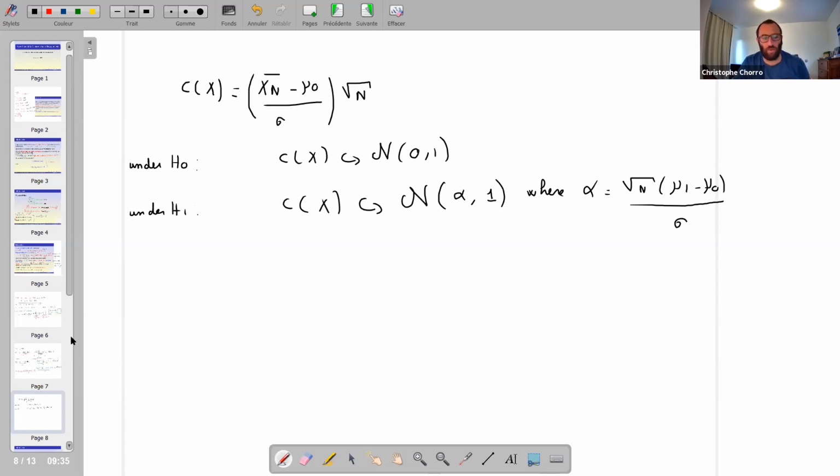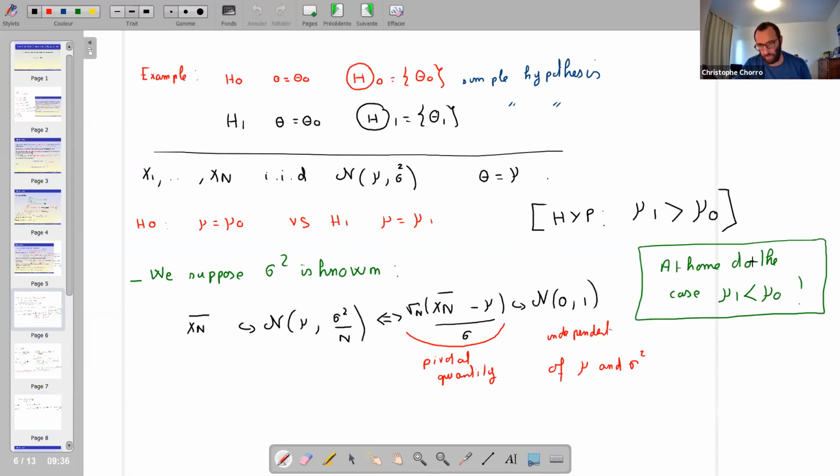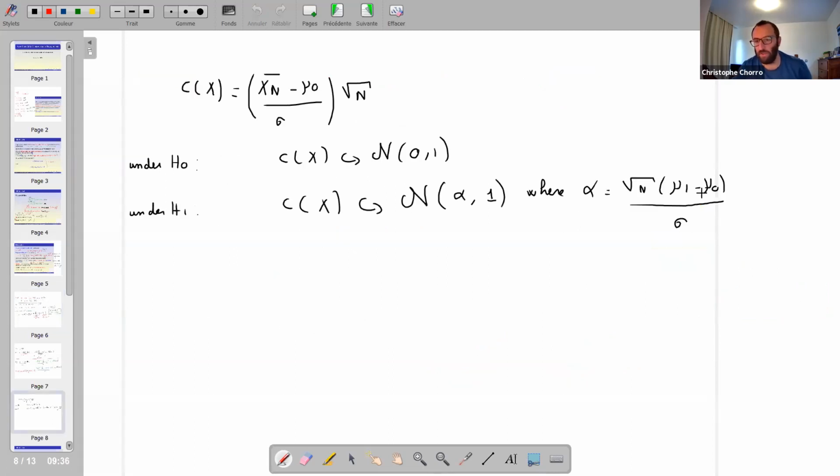And if you come back to what I did at the beginning, I supposed that I am under this condition: mu1 is greater than mu0. And I said to do the contrary case at home. So under mu1 strictly greater than mu0, I have an alpha that is strictly positive.